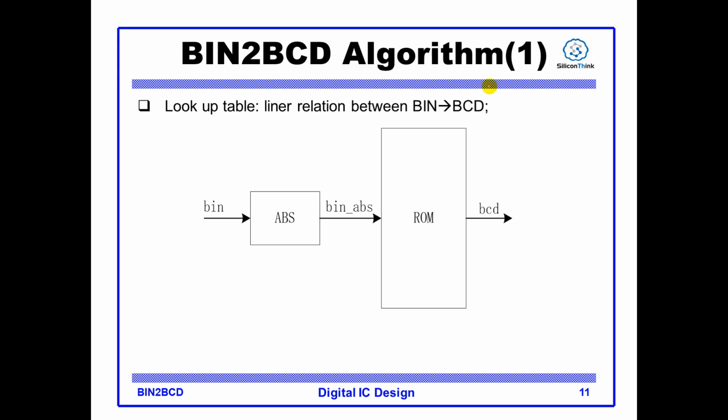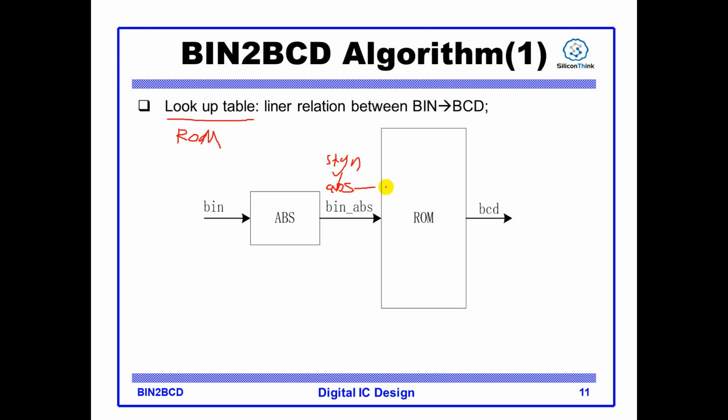The first algorithm is using lookup table, or something like a ROM. So the method is, we have the bin value, then I will do absolute calculation on the bin value. Then I will get the sign flag and the absolute value.